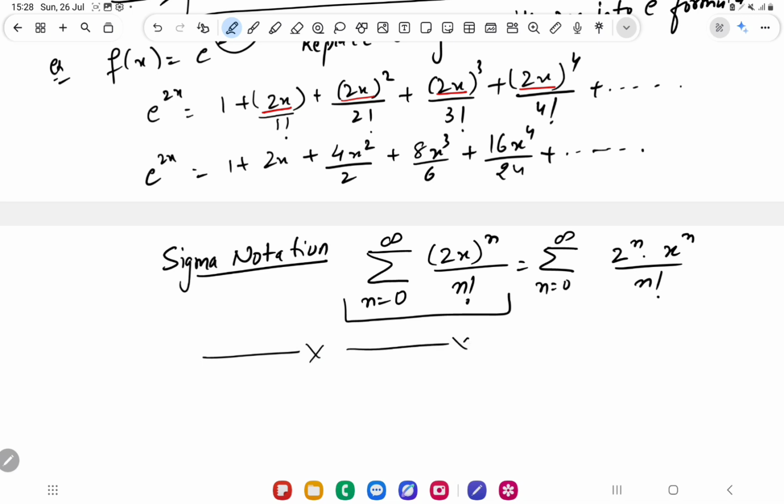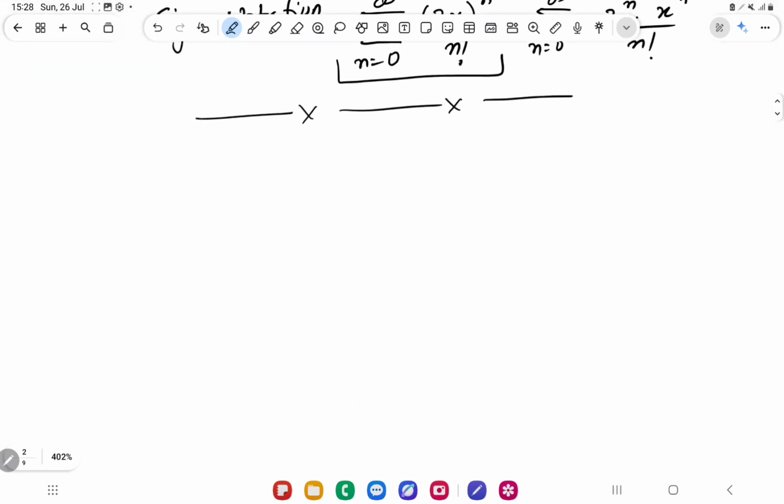Now let's understand how to write Maclaurin series for composite functions. Composite functions means when we have a function inside another function.